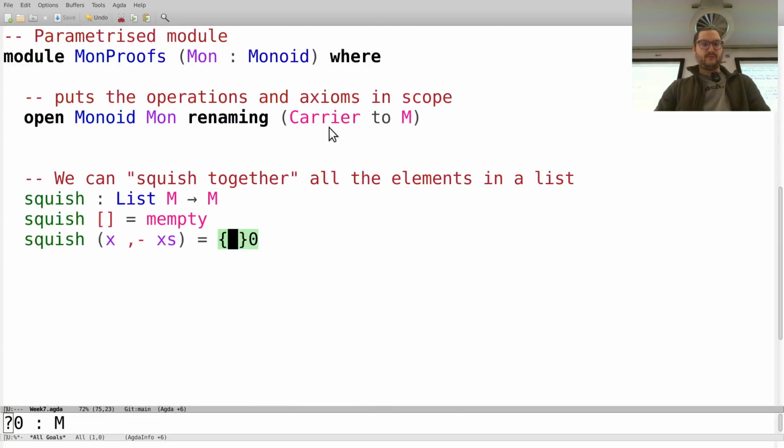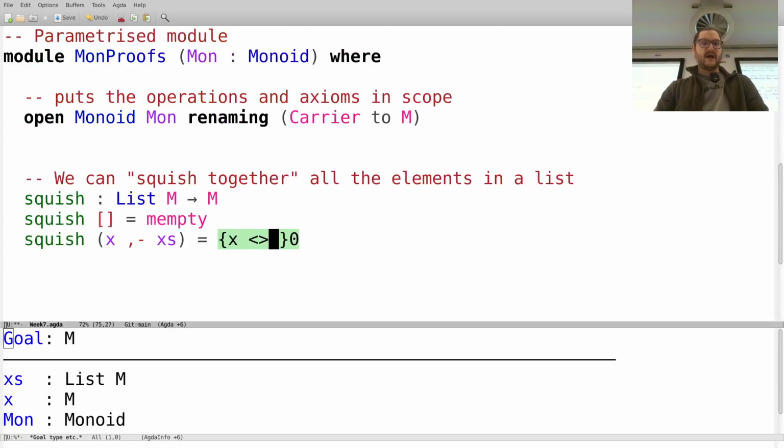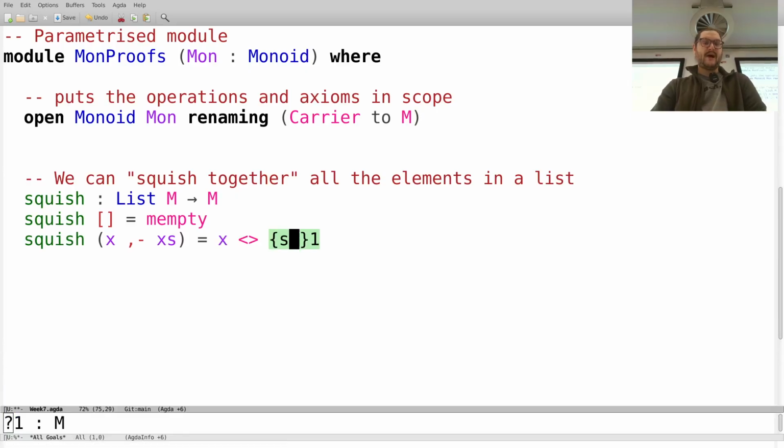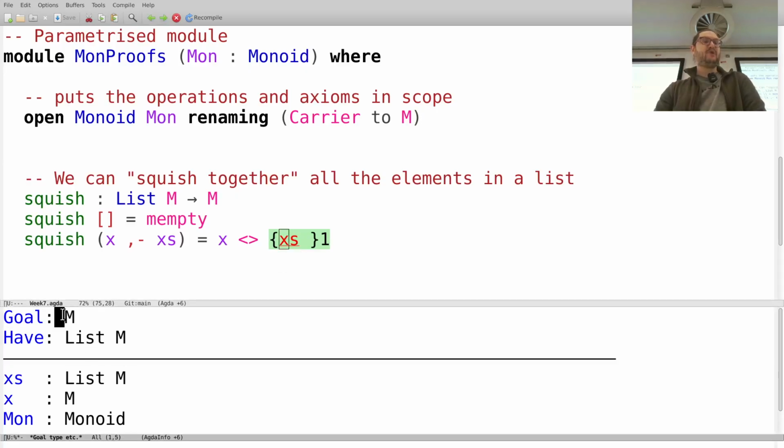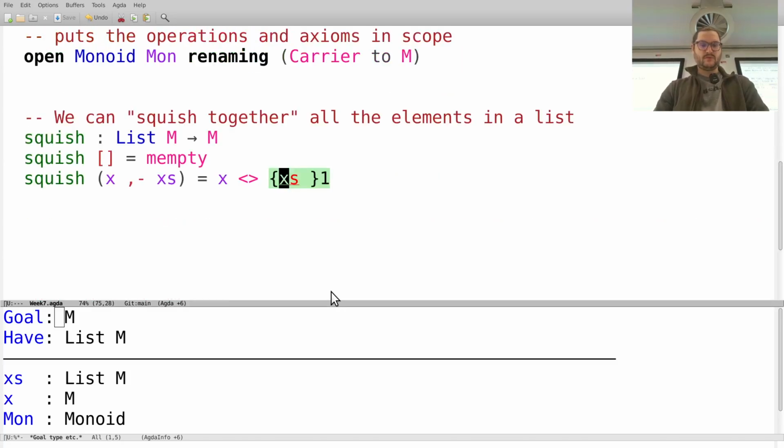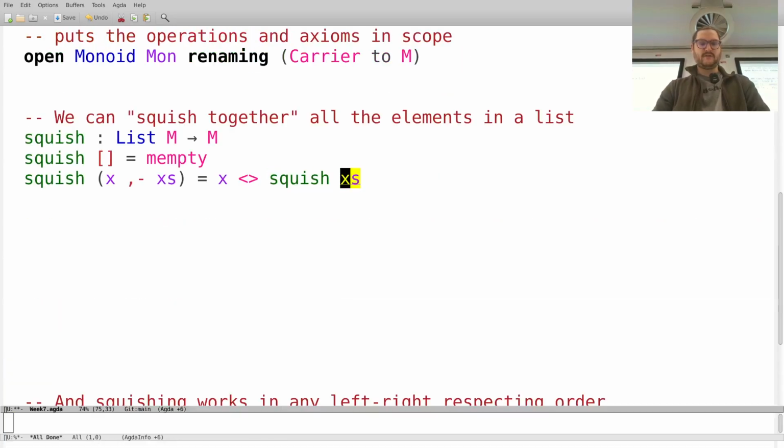So the more general pattern is to say, I have the X, and I'm going to combine it with, well, I could try X's, but it's the wrong type, because it's a list, but we're looking for an M. And of course, here we just squish recursively to combine all of the values.